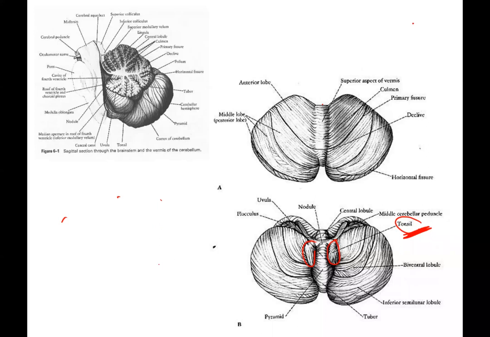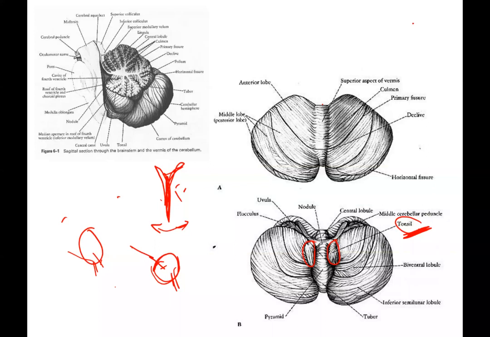Then you get the tentorium cerebelli, the opening of the tentorium cerebelli, you remember? Through that, things can herniate. Then you get the foramen magnum lower down. Through that also things can herniate. So the cerebellar tonsils are just above the foramen magnum in the posterior cranial fossa. When the pressure inside the cranial cavity increases too much, cerebellar tonsils can herniate down through the foramen magnum.